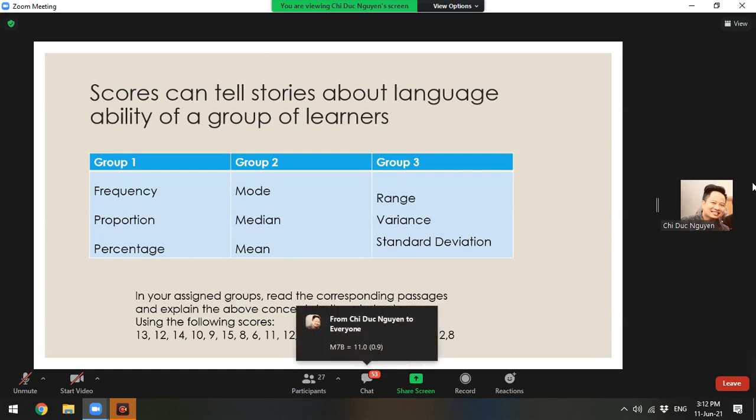What conclusion can I make about the efficacy of the teaching method from this? So the mean and standard deviation. What conclusion can we make about it?